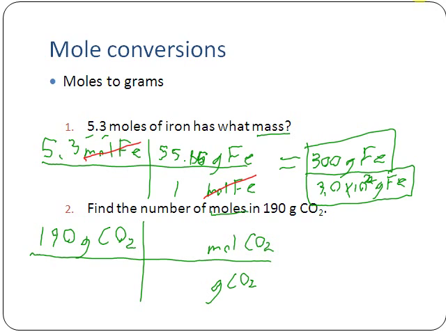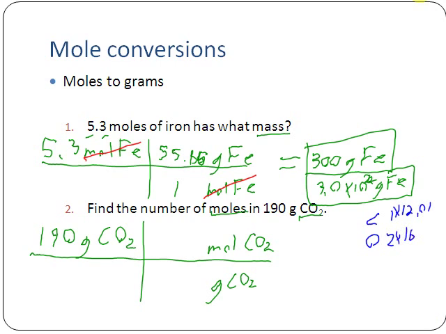We said anytime you convert between grams and moles, you want to use a mass. You want to use an atomic or molecular mass. CO2 is a molecule, so we're going to have to figure out what the molecular mass of CO2 is. Well, setting this up, we know that we have 1 carbon, so we have 1 of those, and oxygens, we have 2 of those. Carbon has a mass of 12.01.